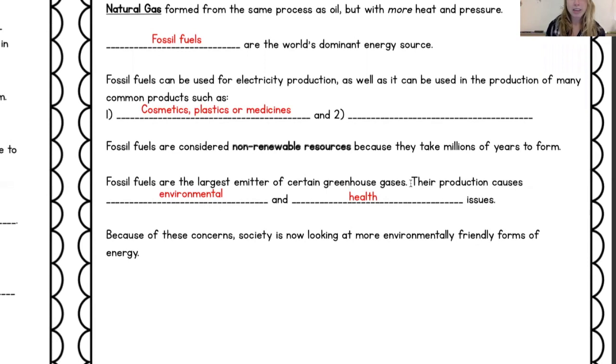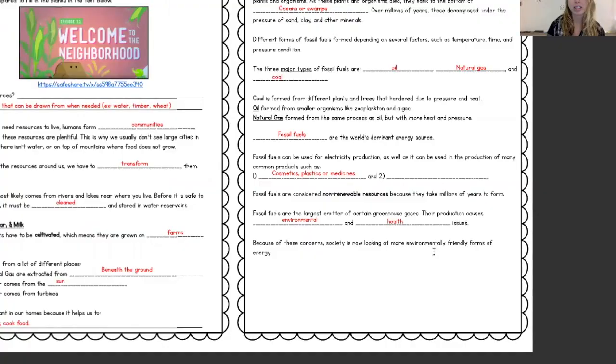So when you think of greenhouse, you might think of where you plant your flowers, but there is something called greenhouse gases, which are gases that release into our atmosphere and aren't necessarily good for us to breathe in. So their production can cause environmental and health issues. We're going to talk about that again later as well. Because of these concerns, society is now looking at more environmentally friendly forms of energy.